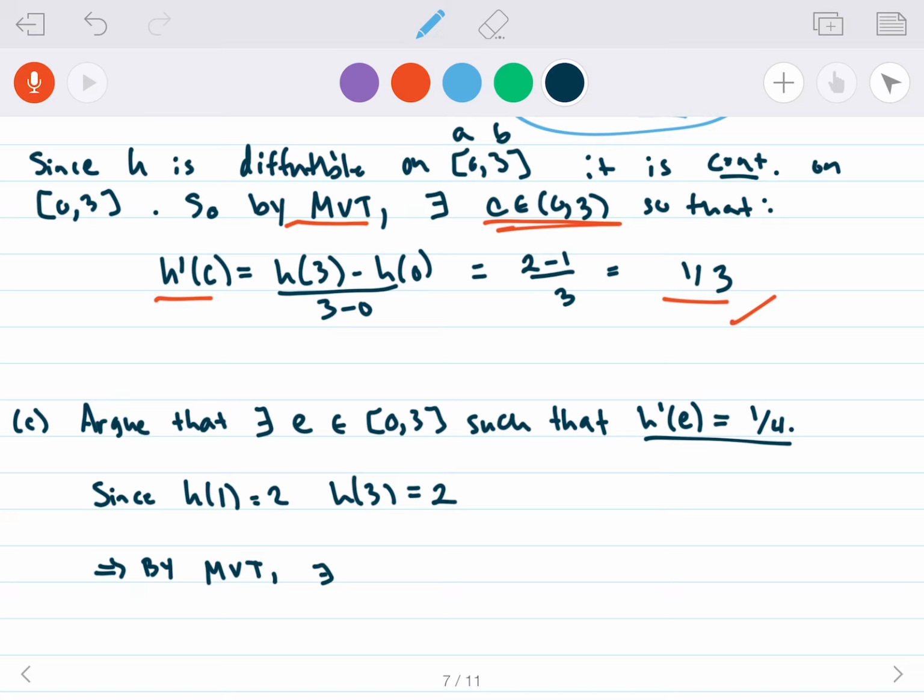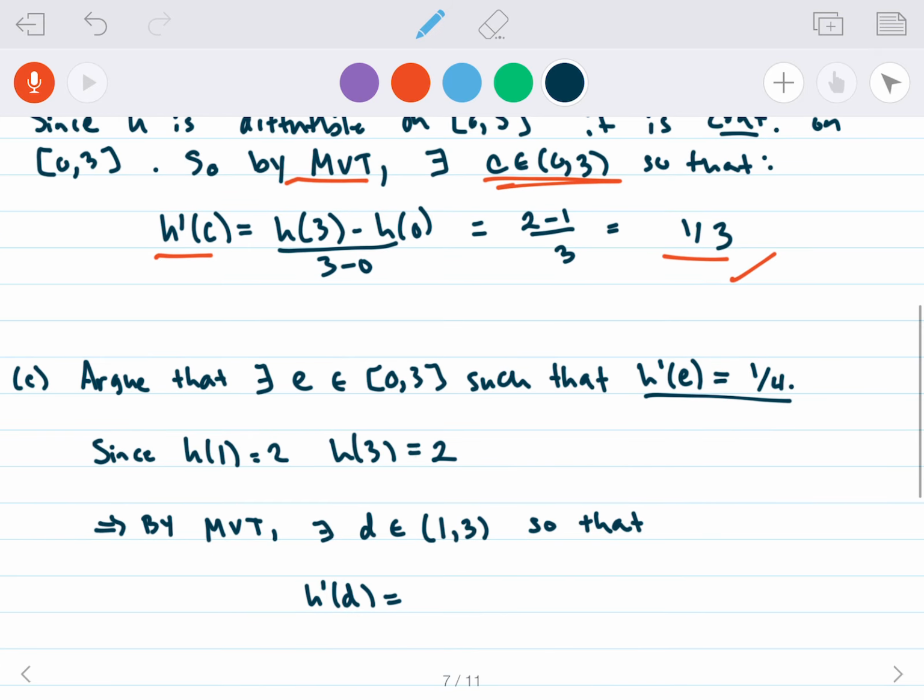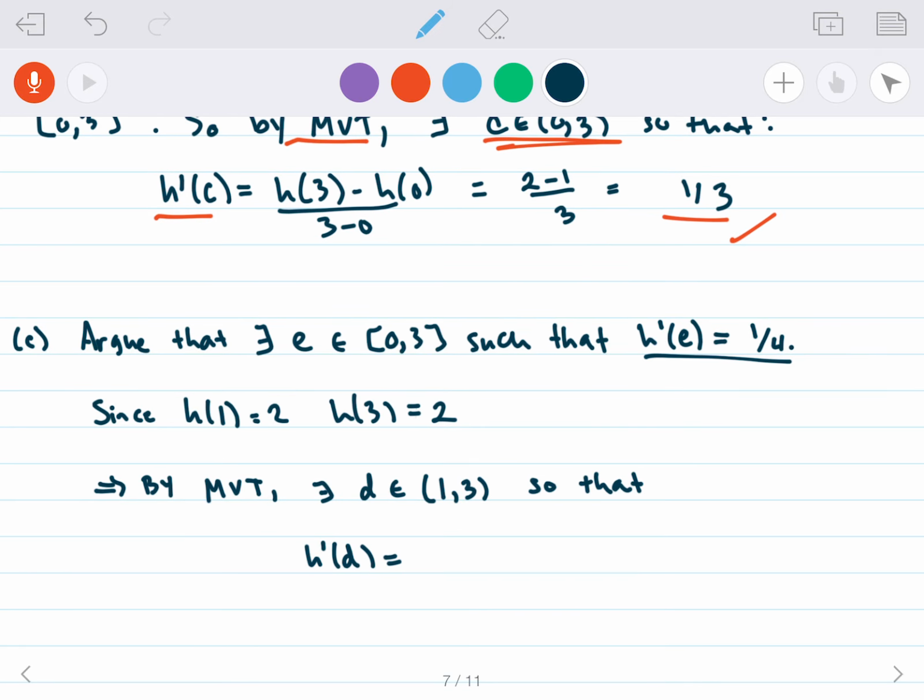there exists some d in 1, 3 so that h prime of d is going to be equal to the slope of the secant line connecting our endpoints.